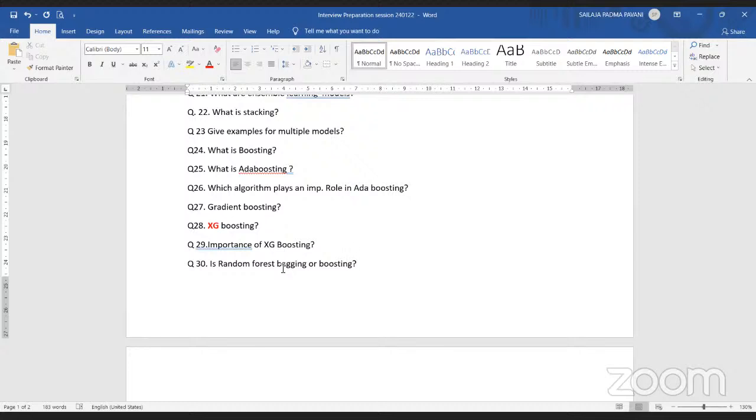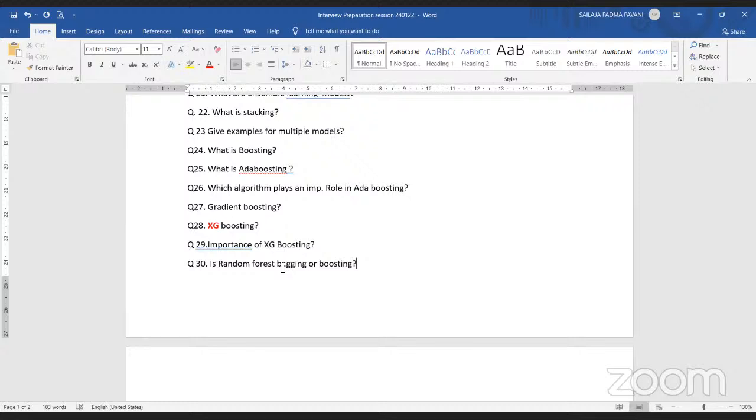Is it a bagging technique or a boosting technique? Yes, Bhanu Prakash, it is a bagging technique. So random forest comes under the bagging technique.